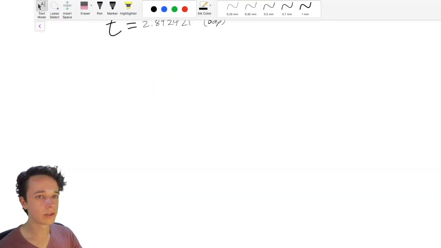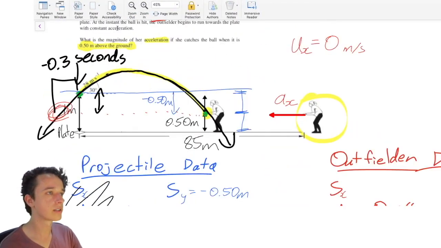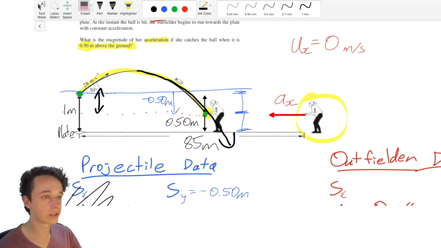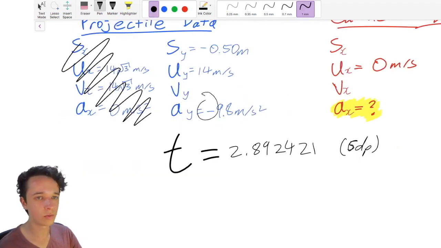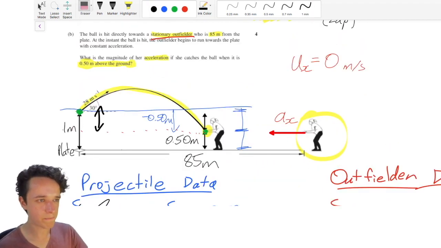And now what can we do? Okay, we have a value for the time that it takes for the projectile to go from the initial position that we're considering to the final position that we're considering, where the final position is the point where it's caught by the outfielder. So we know that time.